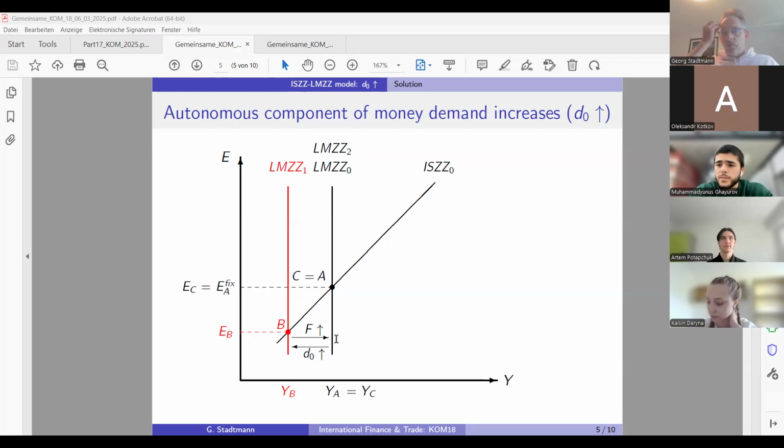So the Swiss central bank, which still has its own currency and has not joined the euro area, gets into trouble because the financial agents increase the demand for Swiss money.